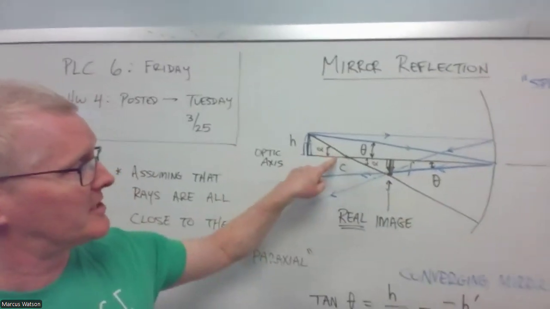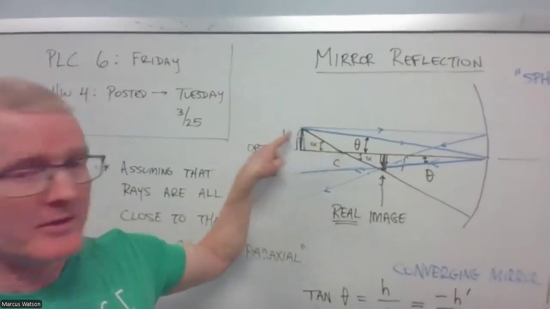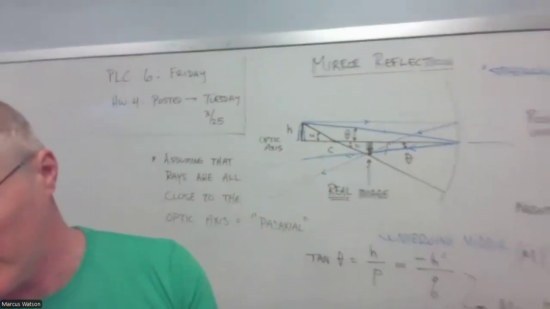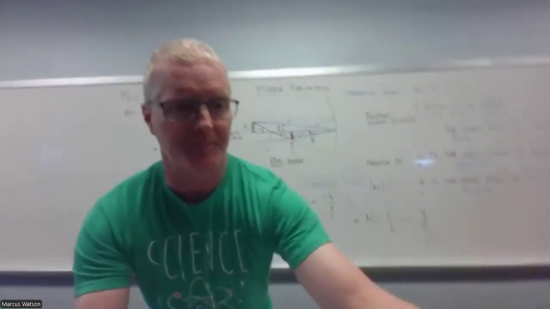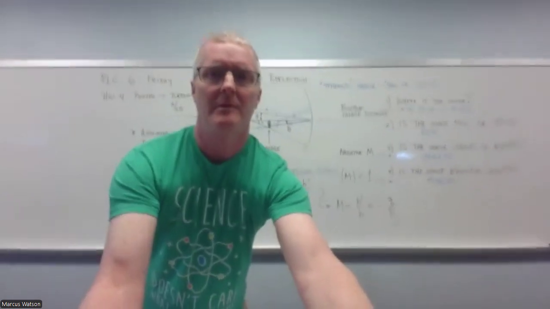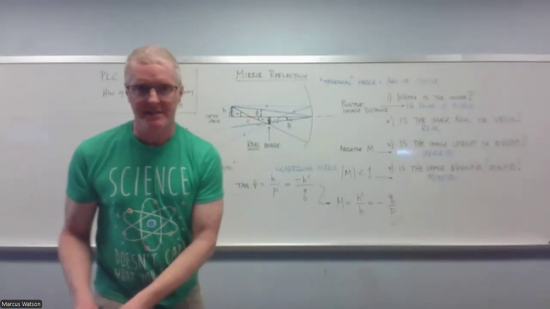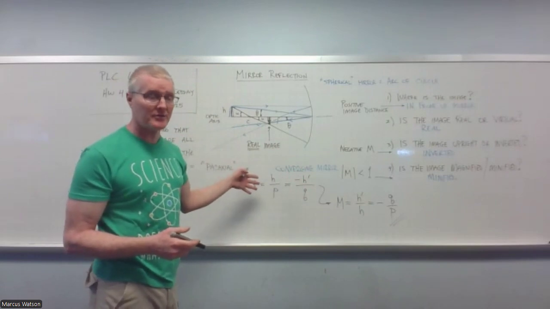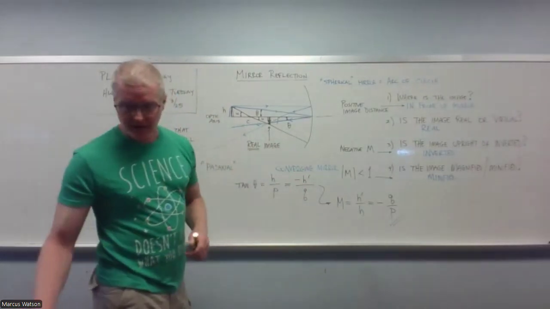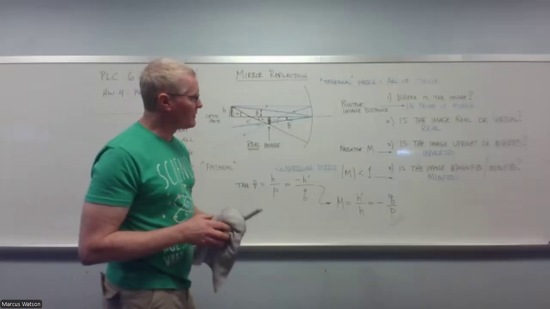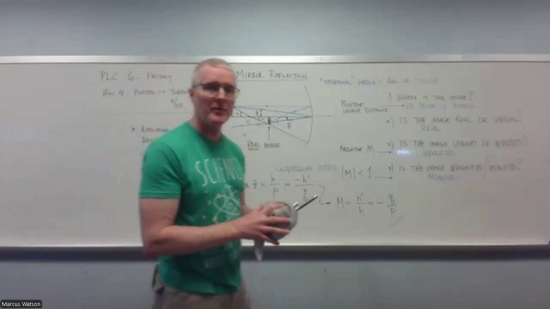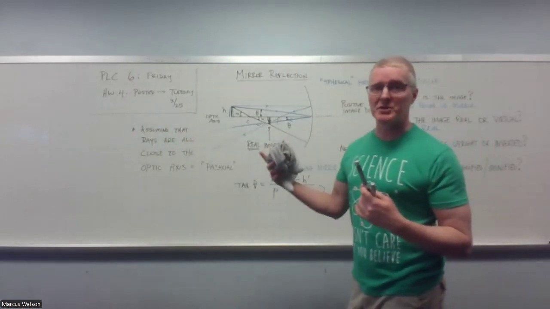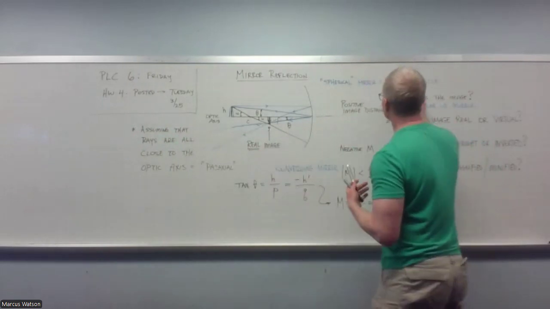Okay, so I'm considering right now this triangle right here and its opposite right here. Those two triangles right there. So if I consider those two triangles, I can do the same thing, take the tangents of those angles, and maybe we'll finish this off next time, but I come up with a way to relate the image distance to the object distance.